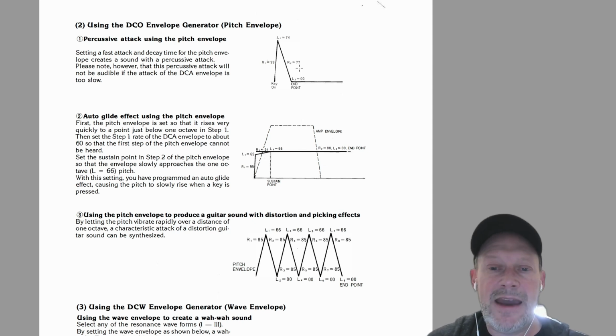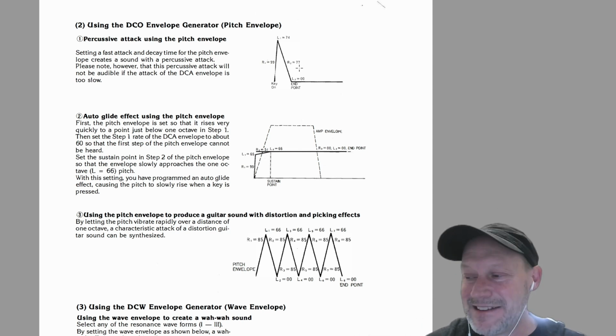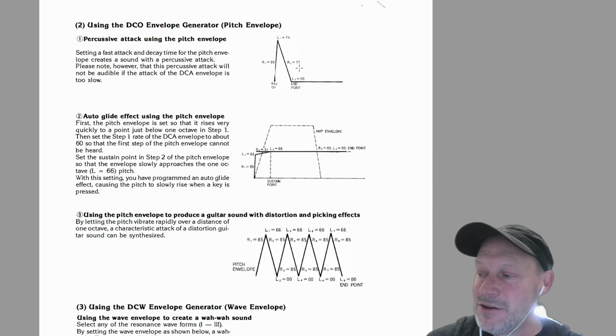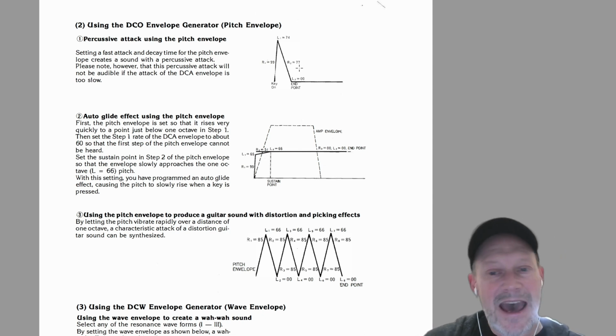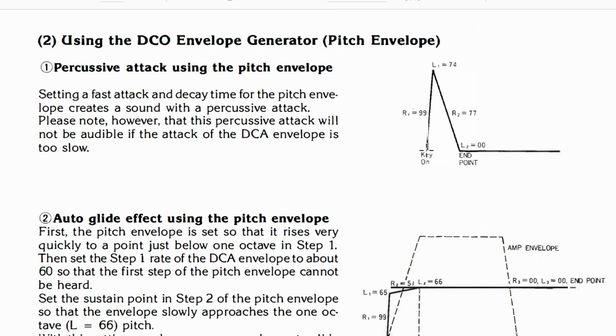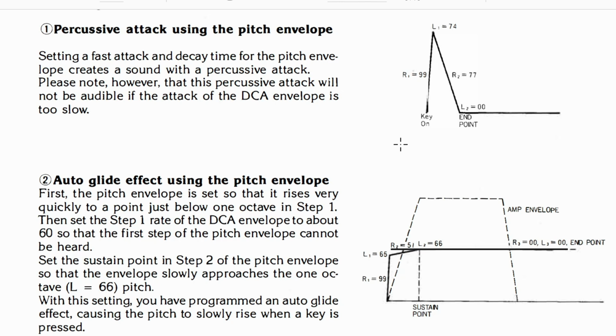But I have to say, going back to this manual and reading it again just reminded me, oh yeah, there's a lot that you can do to inform the attack of a patch using pitch envelopes. And so there's a percussive attack example. There's an example of using auto glide here.